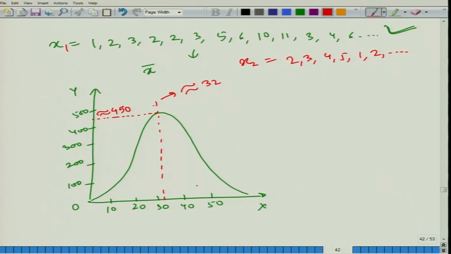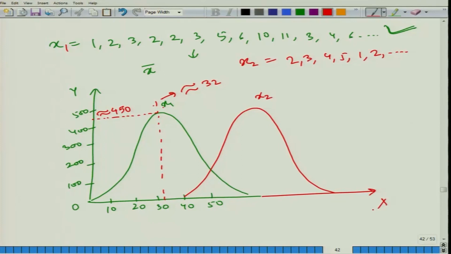But suppose we plotted x1, and another distribution in a different color, suppose this is x2. If I asked you which data set has larger values, you would very easily tell me that x2 is greater than x1. In fact, it is way greater than x1.